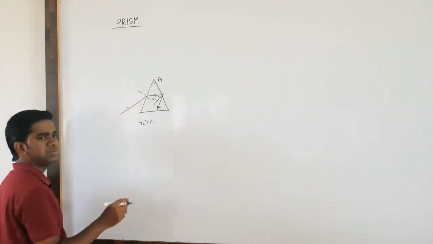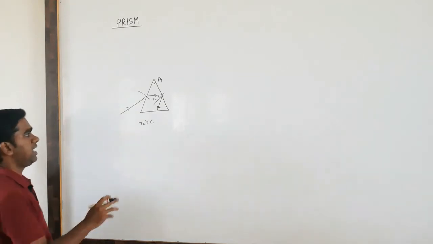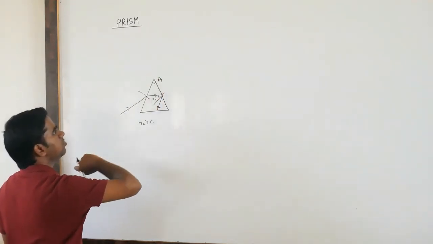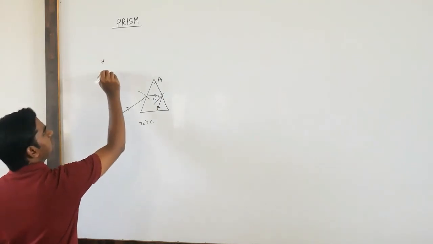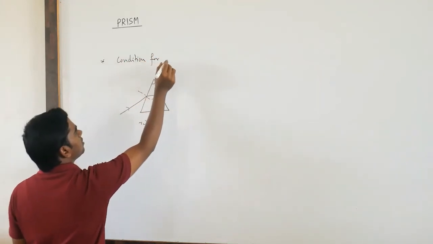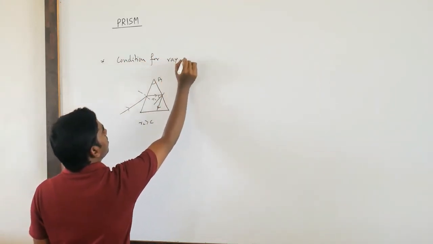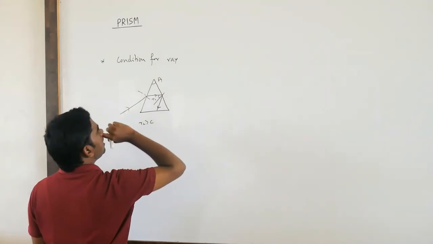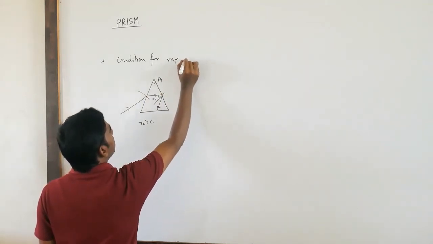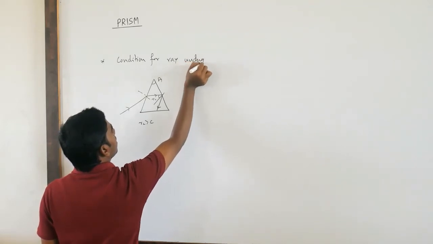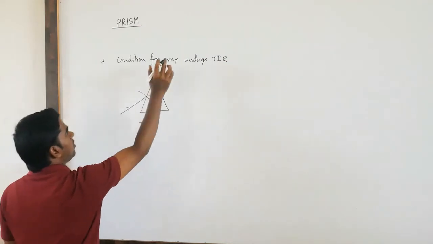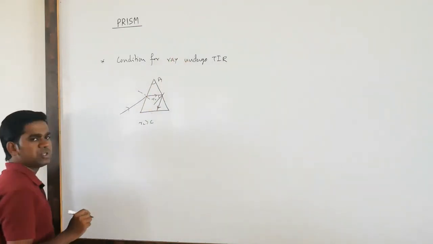That means for any angle of incident, the ray should not come outside. So that we can adjust by adjusting the angle of the prism. So what I can say is the condition for the ray to always undergo TIR, total internal reflection, irrespective of the angle of incident.